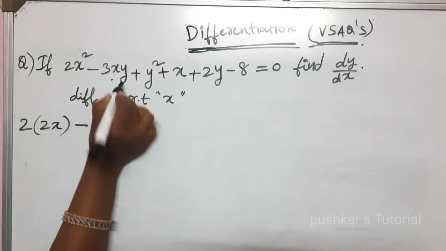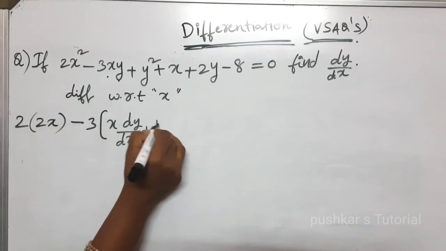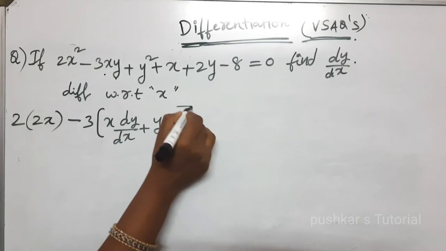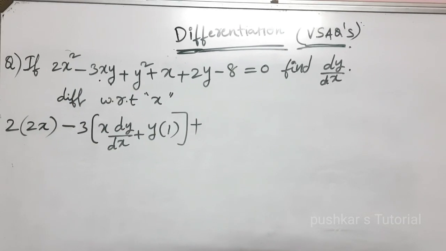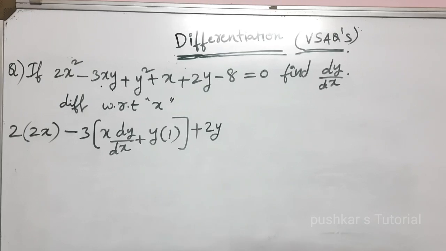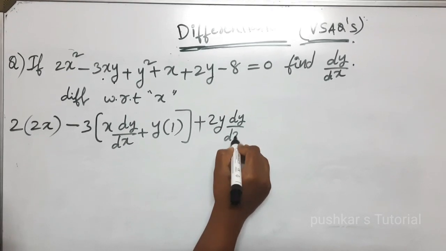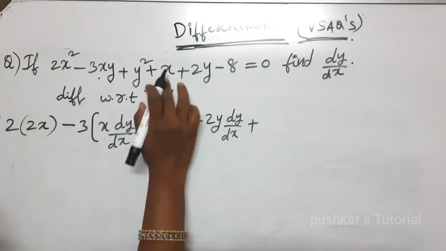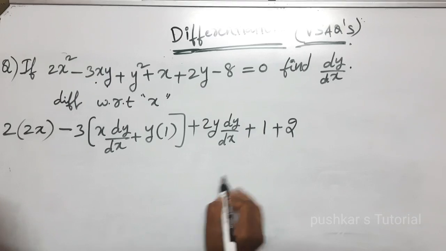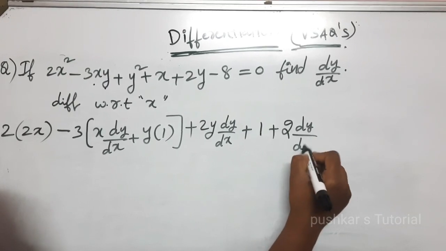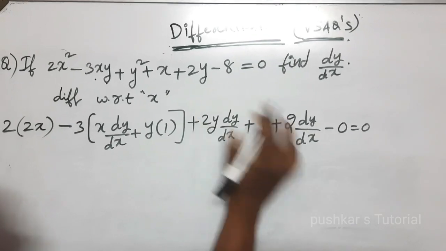Now observe here, uv concept: u as it is, v differentiation, plus v as it is, u differentiation, means x differentiation 1, plus y square differentiation 2y, but inner differentiation must be dy by dx, plus x differentiation 1, 2 as it is, y differentiation dy by dx, minus constant differentiation is 0.